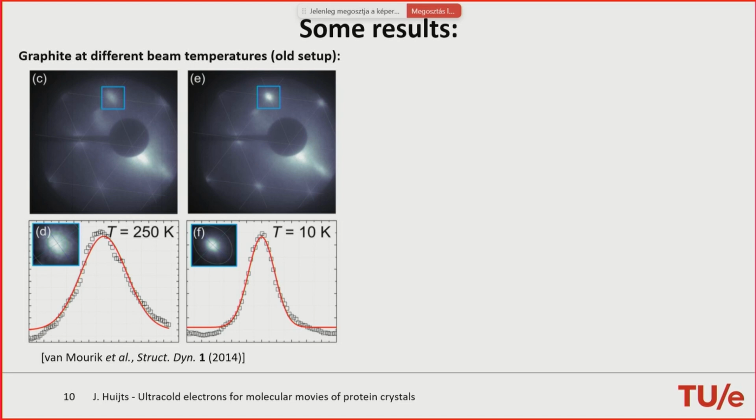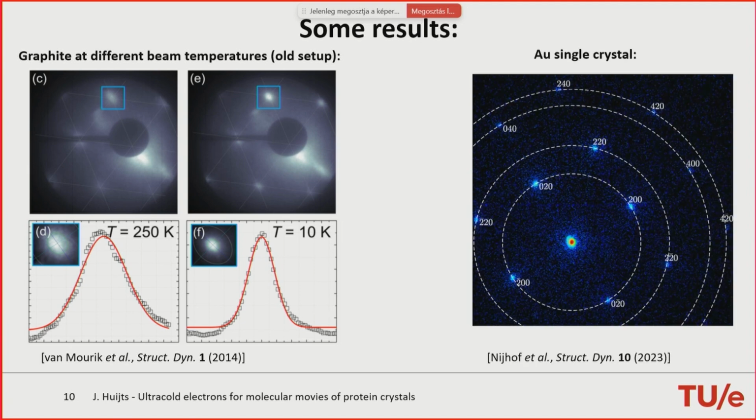I want to repeat this experiment now because I think nowadays we should get much better data than this, but it does show nicely that if they reduce the beam temperature from 250 Kelvin to 10 Kelvin, you see that the spots become brighter. So this indicates a higher coherence length as you reduce the temperature of the electron beam, showing the principle that I just explained. A more recent result is here from diffraction from a single gold crystal.